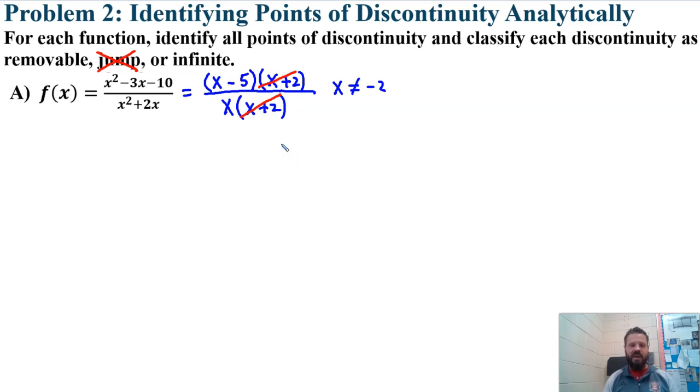I have everything at this point I need to identify those points of discontinuity. We're going to have a vertical asymptote at x equals 0. That's the zero in the denominator that doesn't cancel out, that isn't also a zero in the numerator.